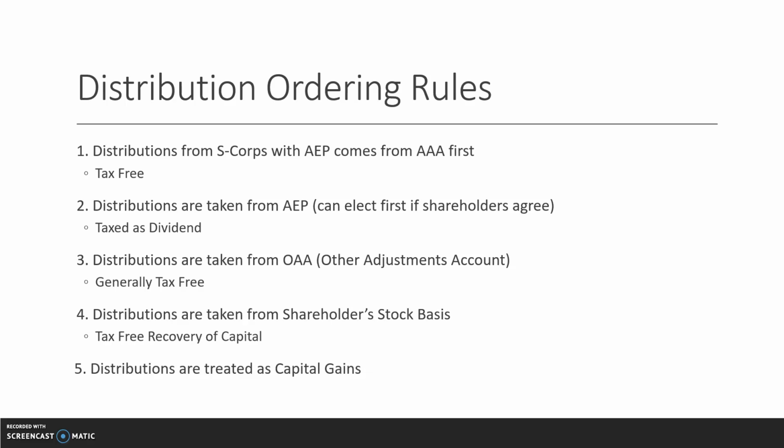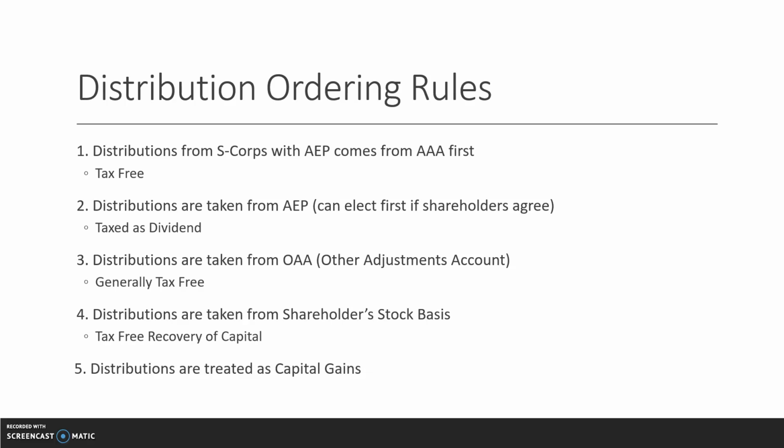All right, so let's jump into the order here. Before I continue, I want to just clarify that AAA, whenever I write AAA, that means accumulated adjustment account. So there's an order for distributions from an S Corp. Your distributions are first going to come out of AAA.